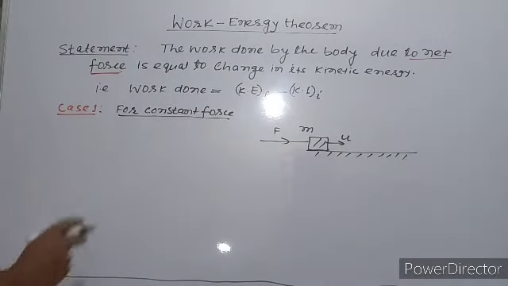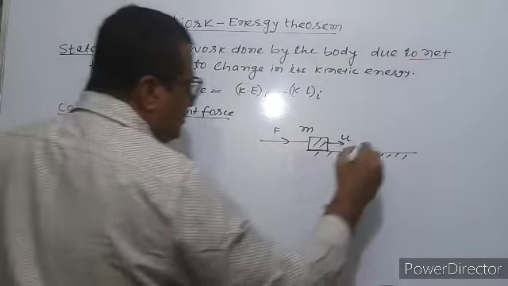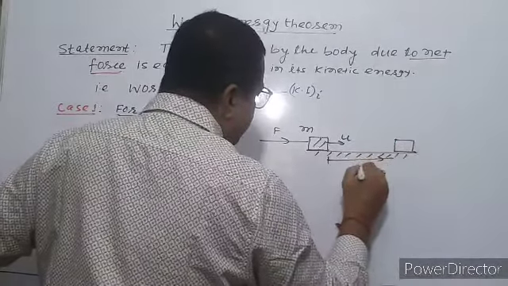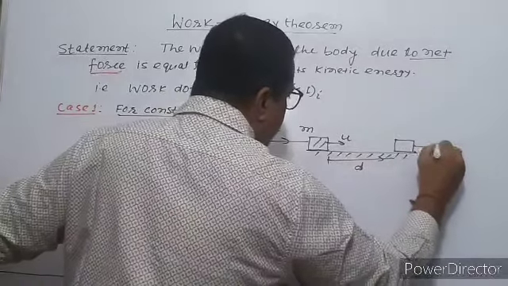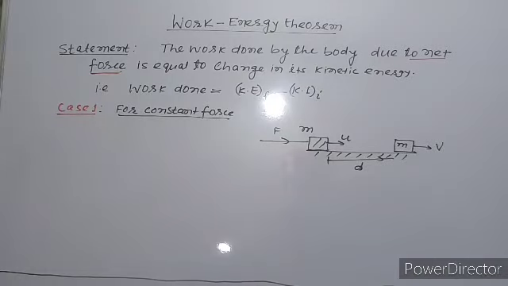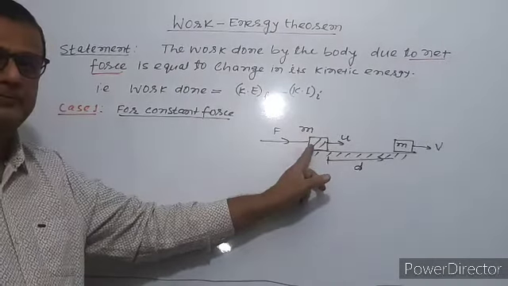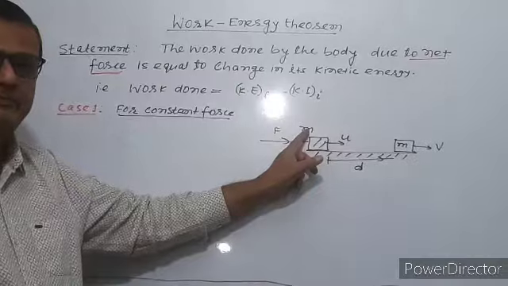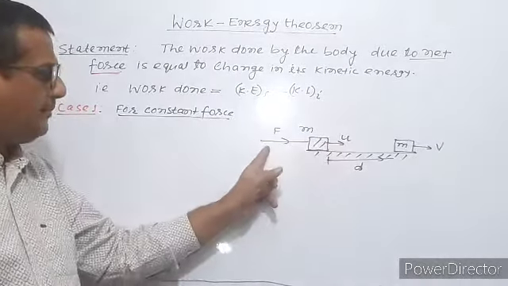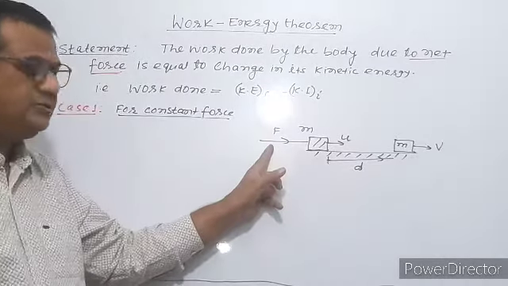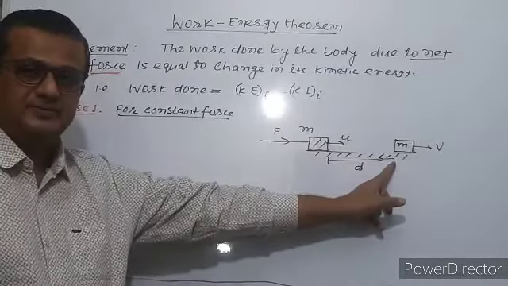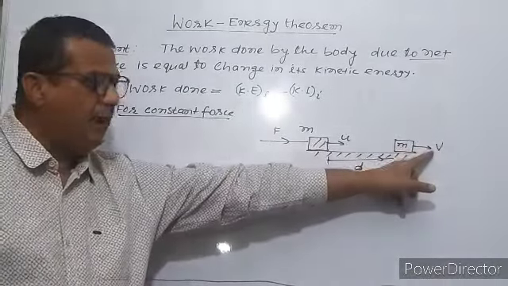Due to the application of this constant force, the body covers the distance d and its final velocity is v. Once more, this is the body, its mass is m, its initial velocity is u. We have applied an external force. Due to this external force, the body covers distance d and acquires final velocity v.